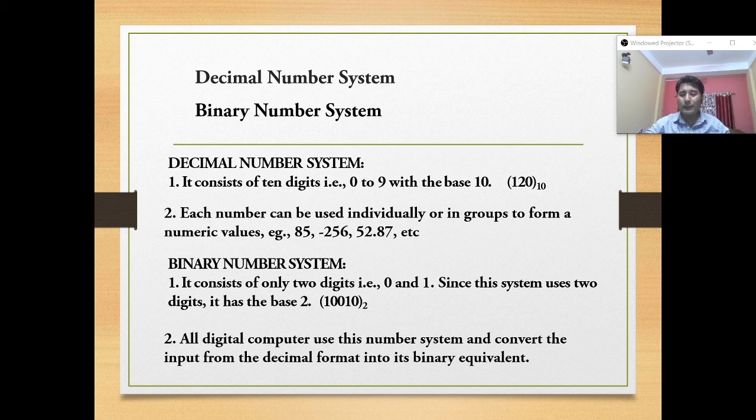Whatever we enter into the computer, whether it is English alphabets or numbers, all needs to be converted into machine code, that is 0 and 1, because the computer understands only binary code. Therefore the data entered is converted into its binary equivalent, and once the computer understands what you entered, it is converted back into decimal form, so that we can understand.